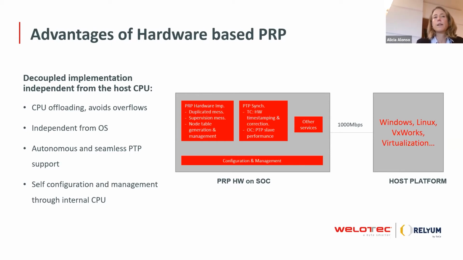PTP transparent clock is performed in the FPGA of the separate hardware, and PTP software computation is also performed in the CPU that is embedded in the SoC. So all is completely self-contained in the separate platform that runs the PRP implementation.